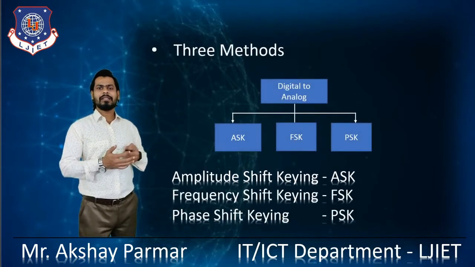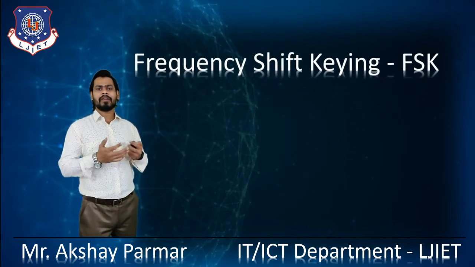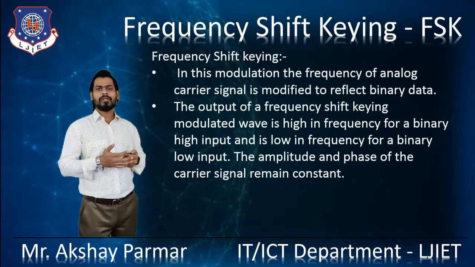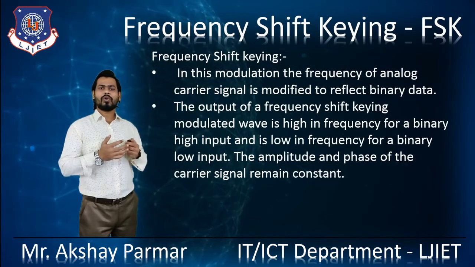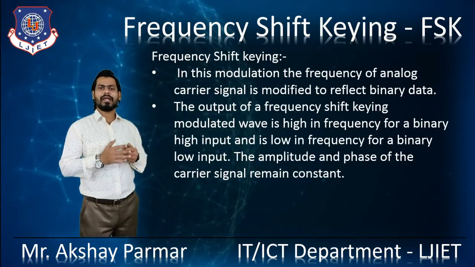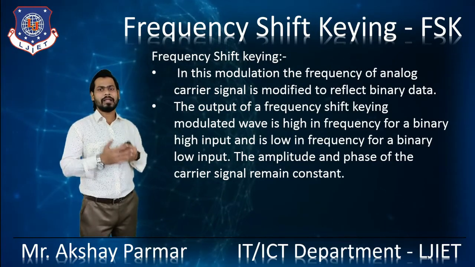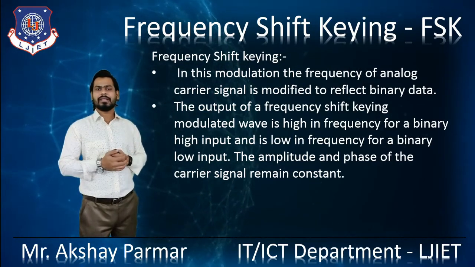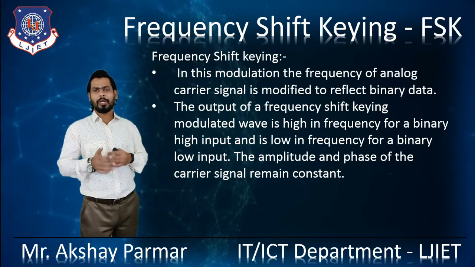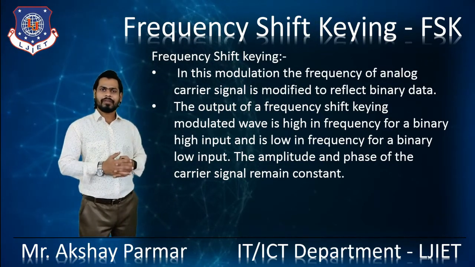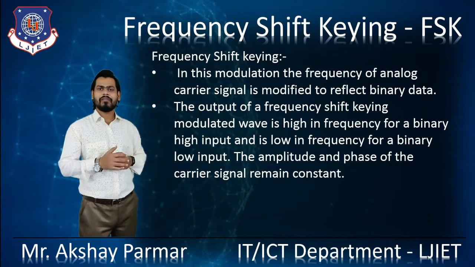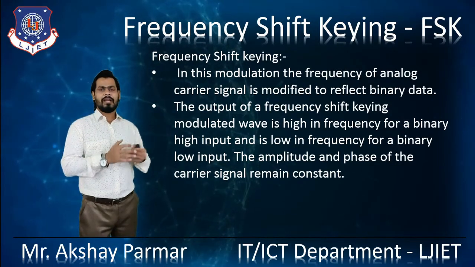After that, let's see another type, the frequency shift keying, right? In this modulation, the frequency of the analog carrier signal is modified to reflect the binary data. As in ASK we are modifying the amplitude, in frequency shift keying we are modifying the frequency of that analog carrier, right?